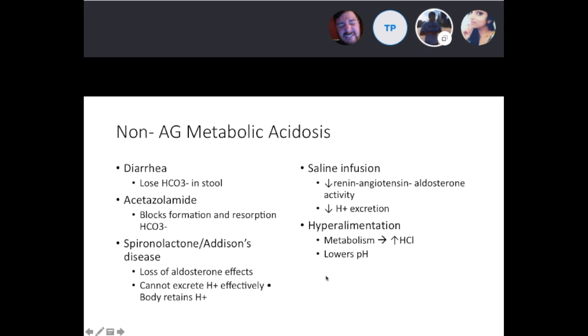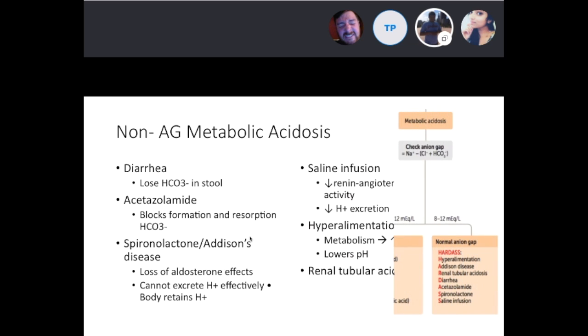Usually this is offset in the hospital by adding bicarb, but if you don't, then you'll see an acidosis. And then renal tubular acidosis is another cause of non-anion gap metabolic acidosis. So the mnemonic you can use from First Aid is HARDASS. I've covered all of those and exactly why they cause the acidosis. So any questions with that one?